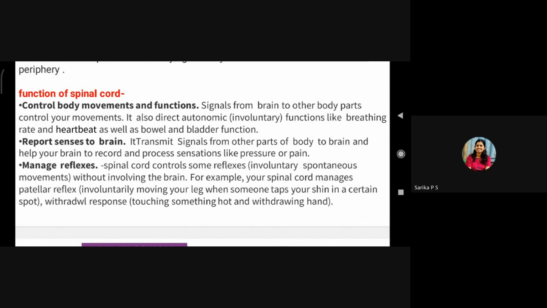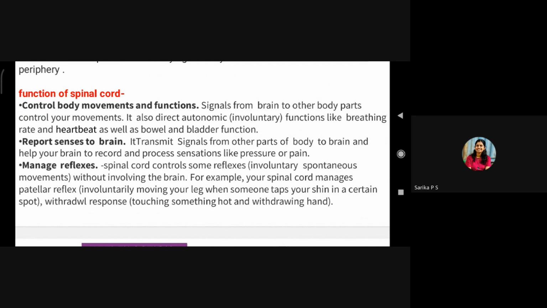So till that time, hand may burn out totally. Not totally, it will not take that much time, but here the process is going on in the spinal cord only. The information does not need to go to the brain. It is happening in the spinal cord only.